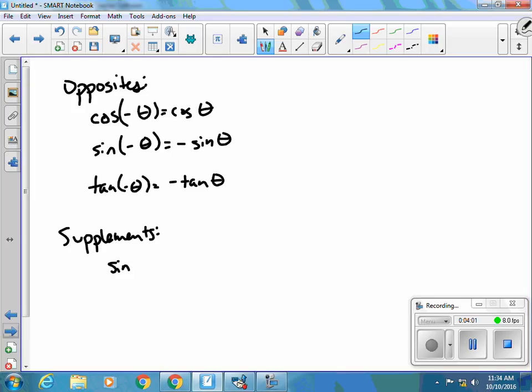Supplements, we've got sine of pi minus theta. So we know that a half circle is dealing with pi. And so that kind of gives us an idea of why we've got that pi minus theta. It's similar to our opposites, but not quite.